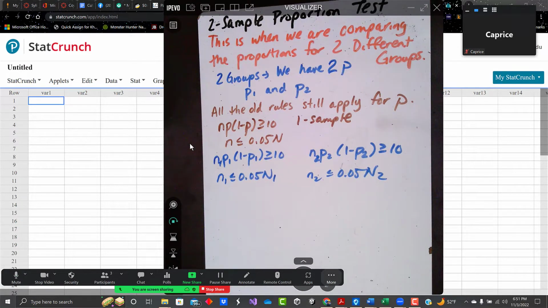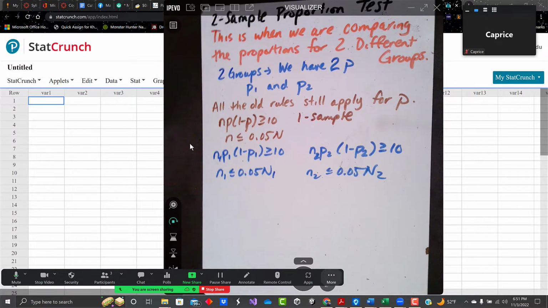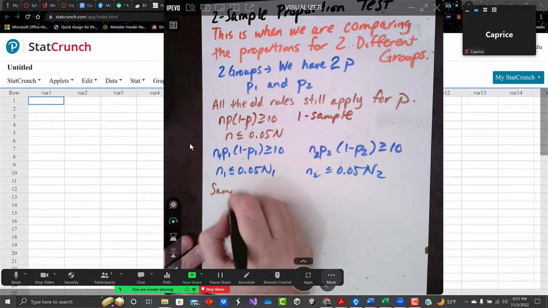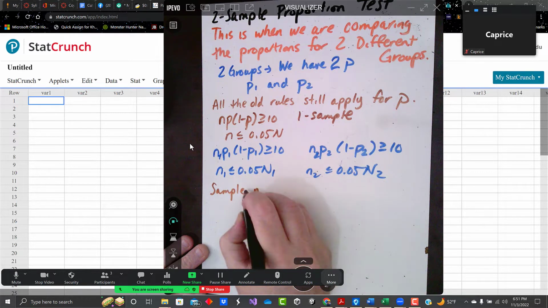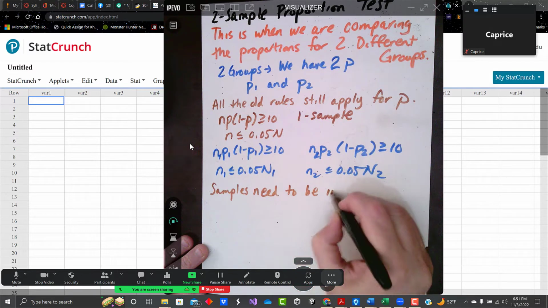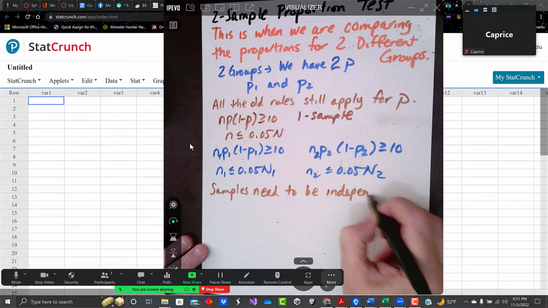Okay. We also have the samples need to be independent. Simple random samples.